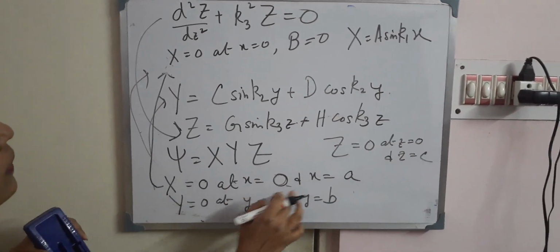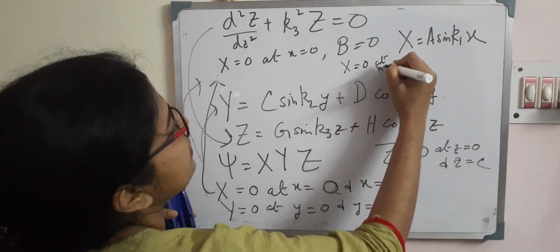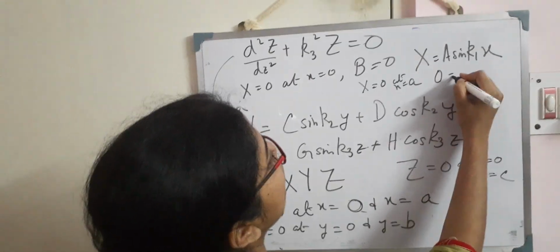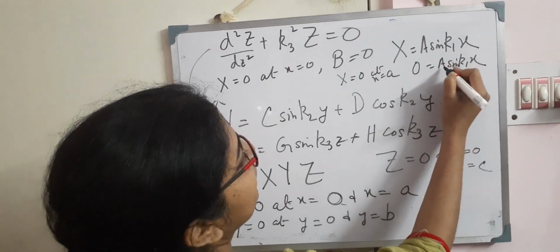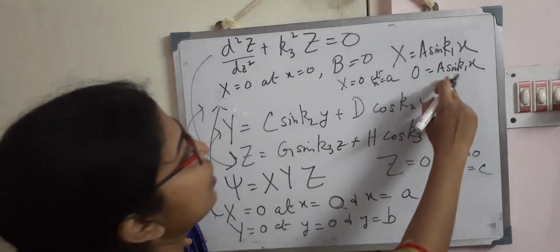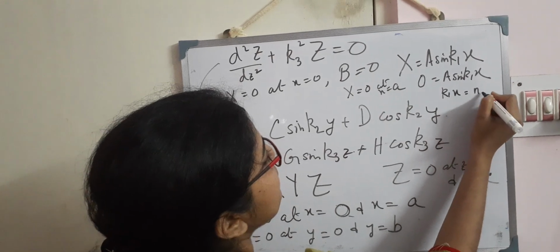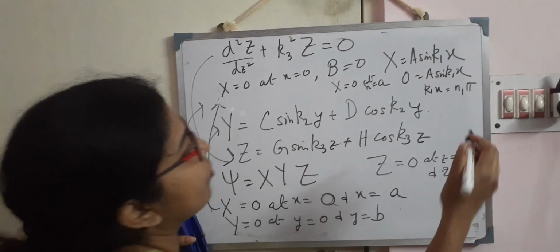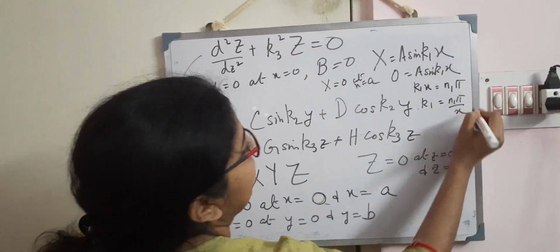Now we apply the next boundary condition, X equal to 0 at x equal to a. From here we get 0 equal to a sin k1a. So a cannot be 0, otherwise this function will be 0 and psi turns out to be 0. So sin k1a is 0, and the value of k1a will be n1 pi, where n1 is an integer having values 1, 2, 3, 4. So k1 is n1 pi by a.